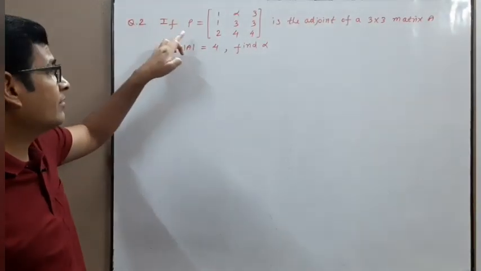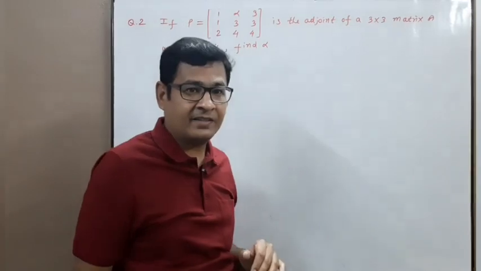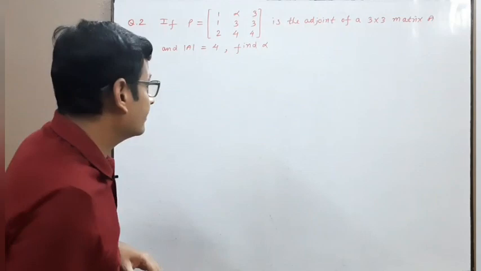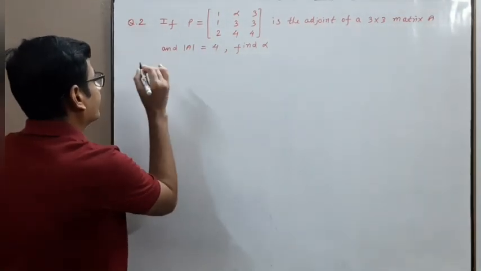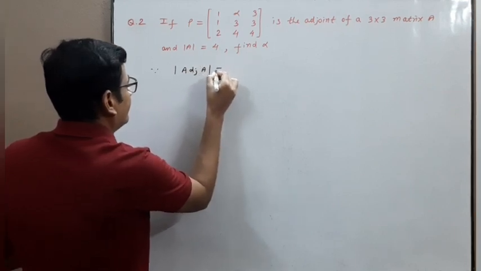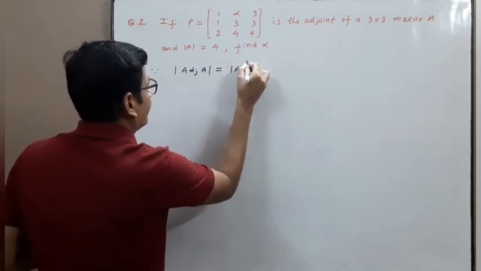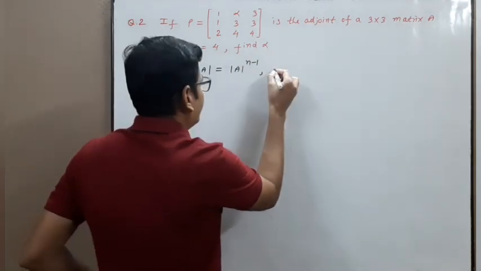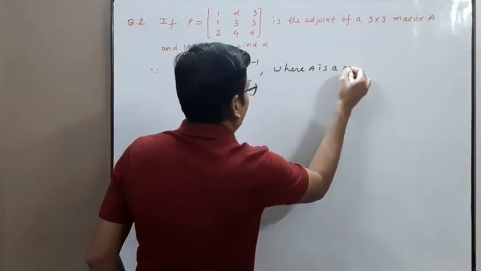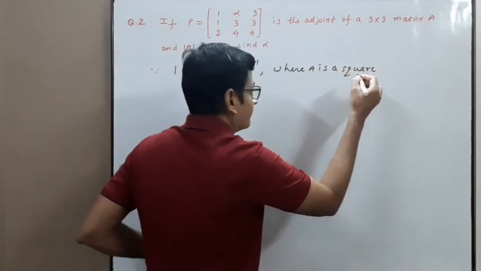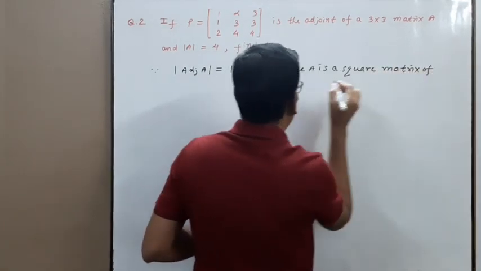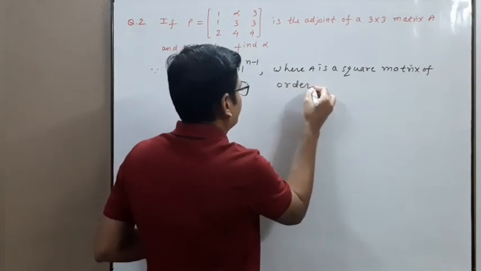Next, if P is the adjoint of a 3 by 3 matrix A and determinant A equal to 4, find alpha. Since determinant of adjoint A is equal to determinant A raised to the power n minus 1, where A is a square matrix of order n.